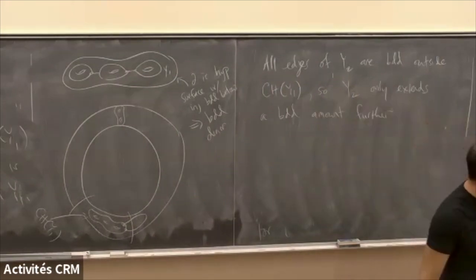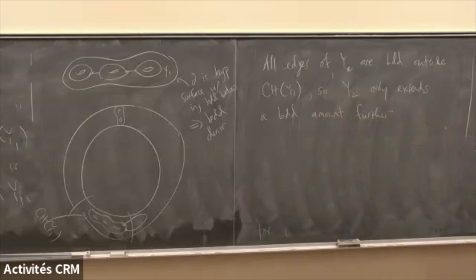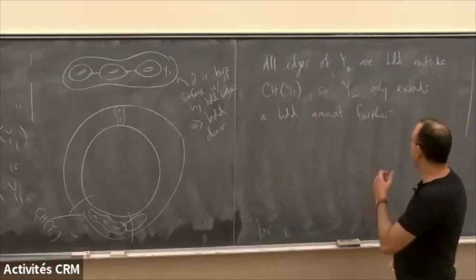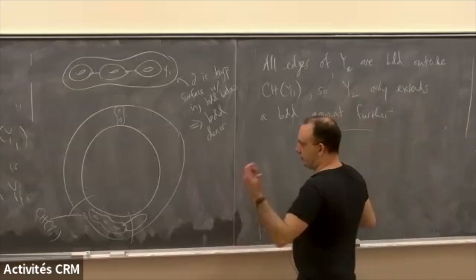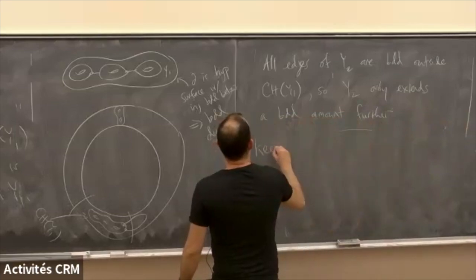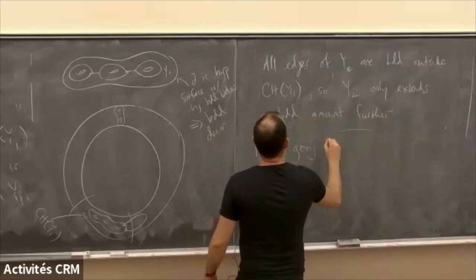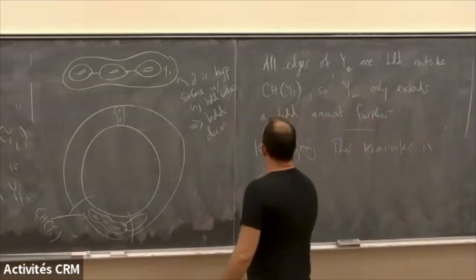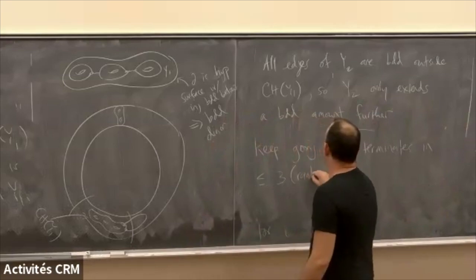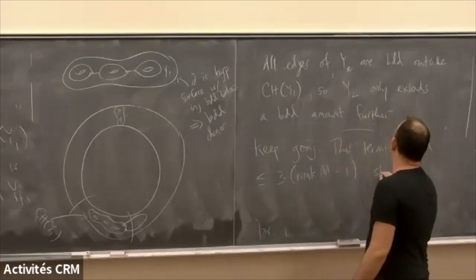Well, the size of the chain is at most the number of edges, which is like 3 times rank minus 1. All right, and so then, as Uri is saying, keep going. This terminates in at most 3 times rank m minus 1 steps.